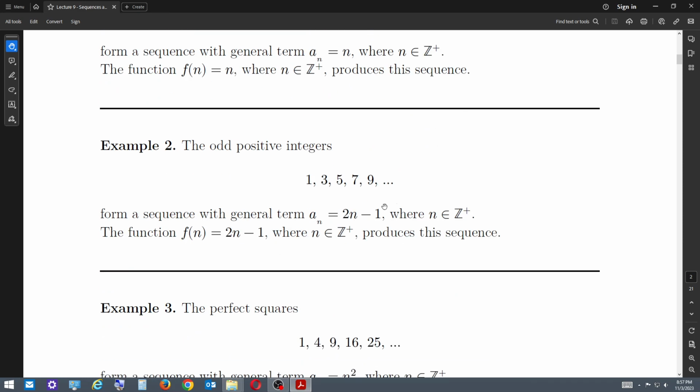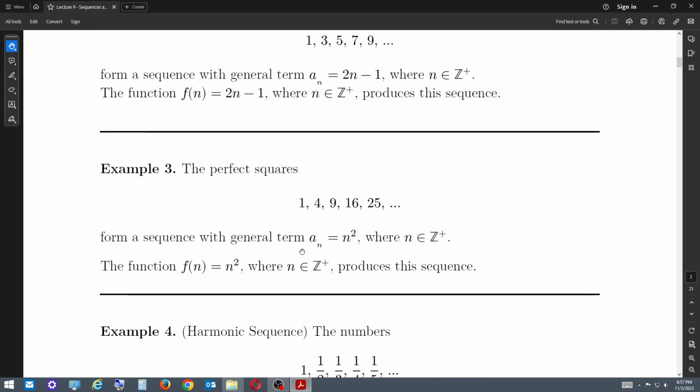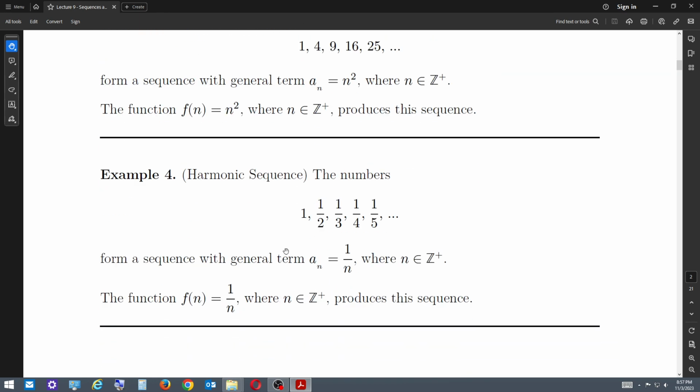Similarly, if I wanted a function to generate this sequence, I would say f of n is equal to 2n minus 1, etc. Here we have another example, the harmonic sequence, basically 1 over n. Again, this sequence is generated by the function 1 over n.